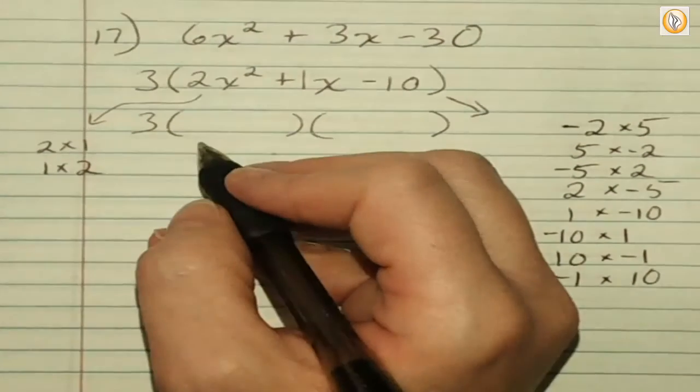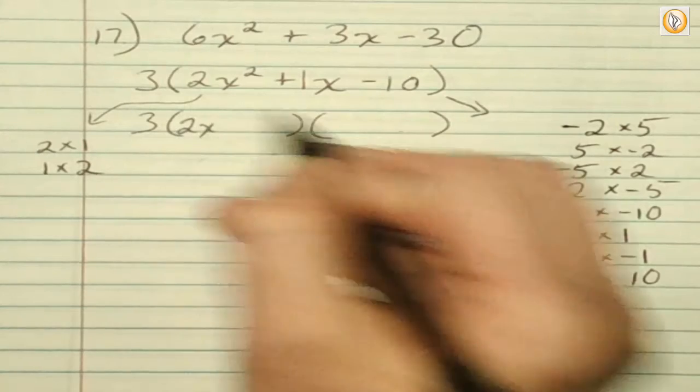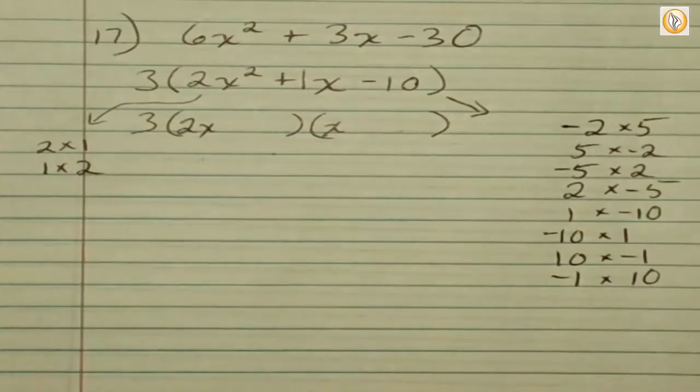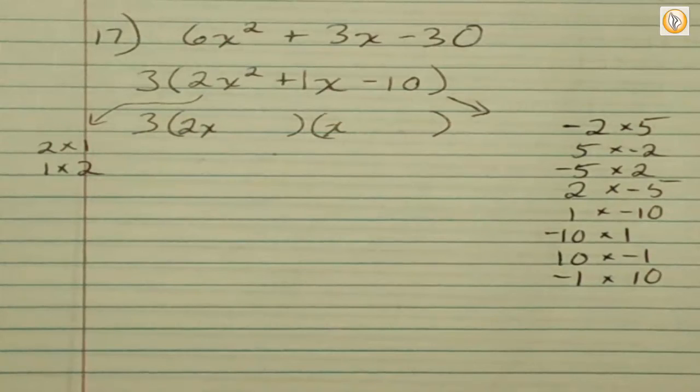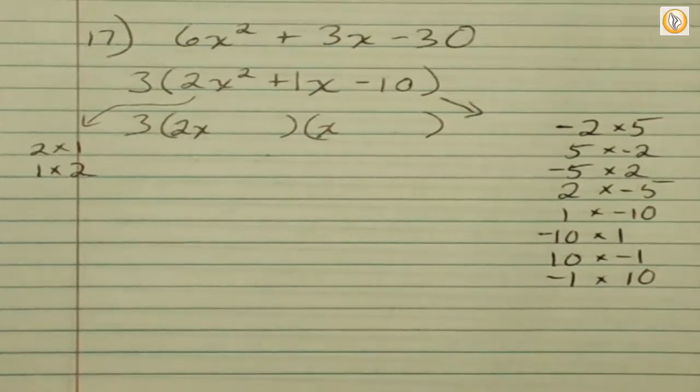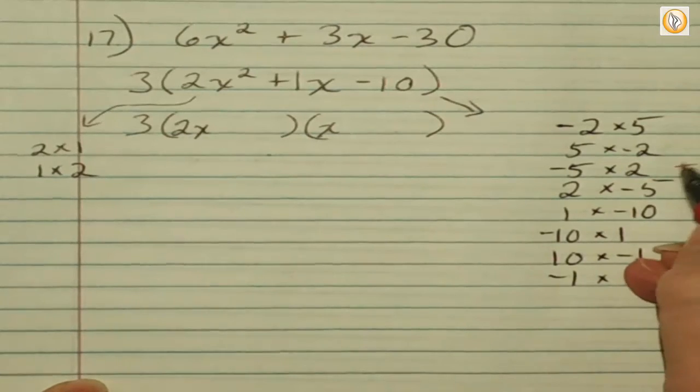So, here we can go ahead and put 2x and x. What do we put here? Someone give me a guess. Negative 5 and positive 2?